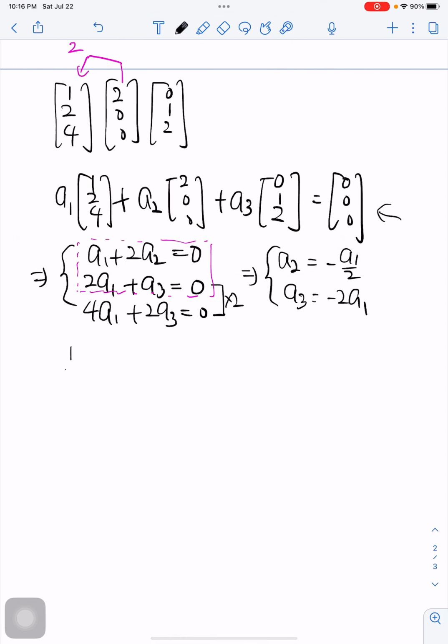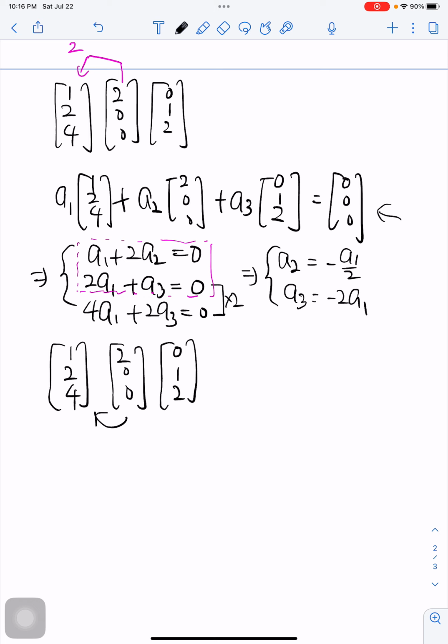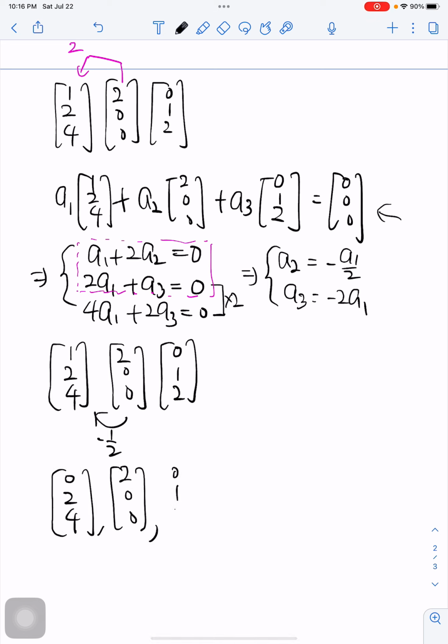Now you have (1, 2, 4), (2, 0, 0), (0, 1, 2). And then you multiply the second one by -1/2. You end up with (1, 2, 4), (-1, 0, 0), (0, 1, 2). Okay?